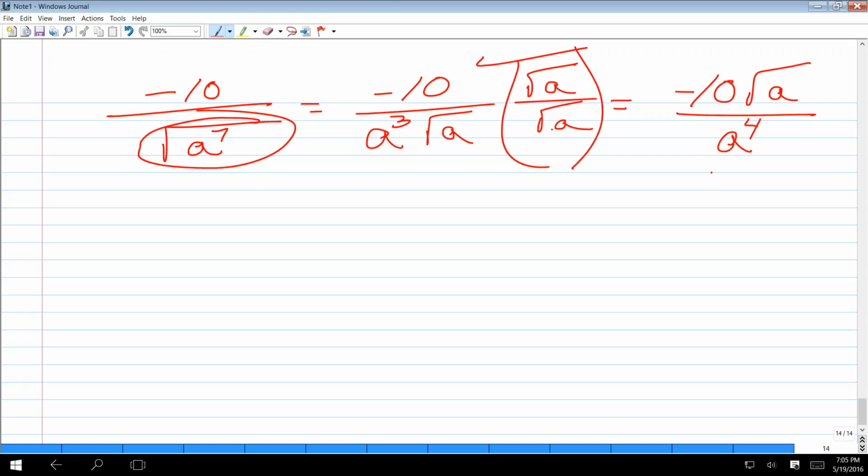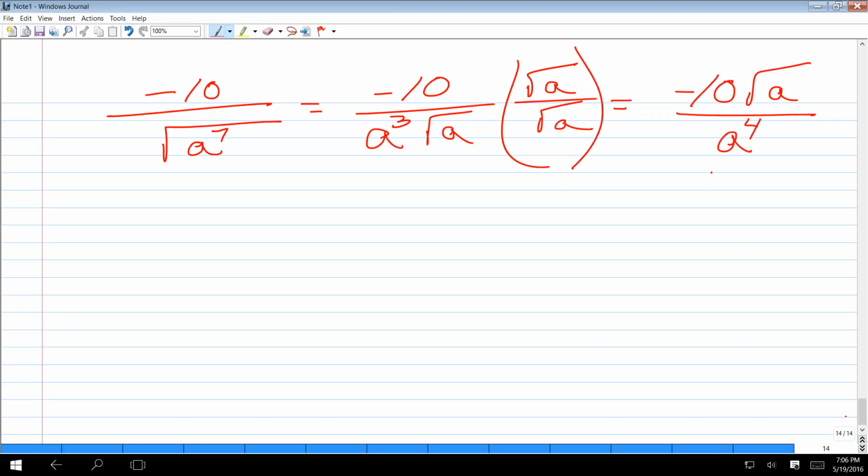So as long as I got to whittle it down at some point, no matter what, might as well do it right off the get-go right here. And then when I rationalize it, it comes out to the final answer, and I don't have that a to the 3rd over a to the 7th like I did the first way. In other words, I actually get the answer quicker, I think, this way. There were 2 steps to get the answer this way, and there were like 3 or maybe 4 the other way.